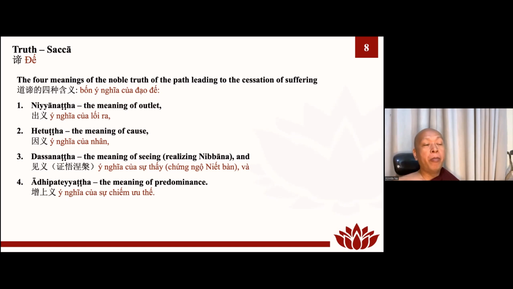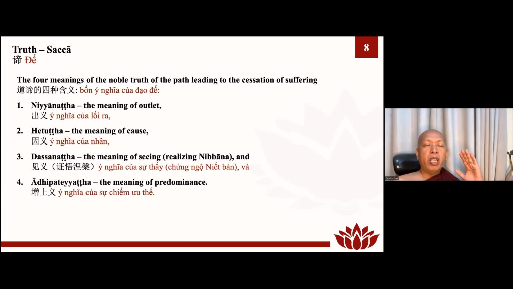Another one is Dassanatta. That means it can make people see Nibbana, the meaning of seeing, realizing Nibbana. So whenever we realize Nibbana, there will be the Four Paths.